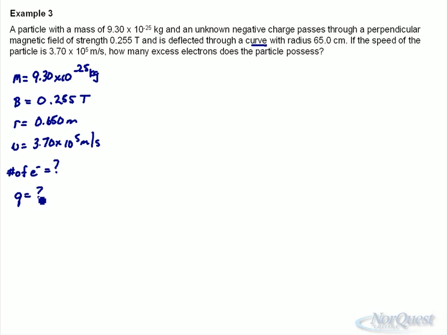Since this is passing through a curve, we start with magnetic force equal to centripetal force. Magnetic force again, QVB. Centripetal force off your data sheet can be written as mv squared over r. Since we're looking for Q, we have velocity common on both sides of the equation.